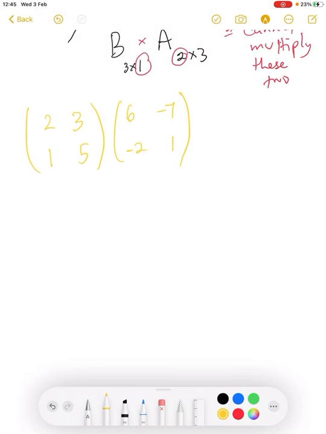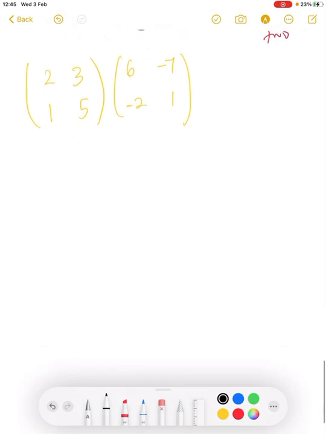Okay, first, it's not a good idea to use a yellow pen. Okay, let me rewrite by using a black pen. Negative 2, negative 7, 1.